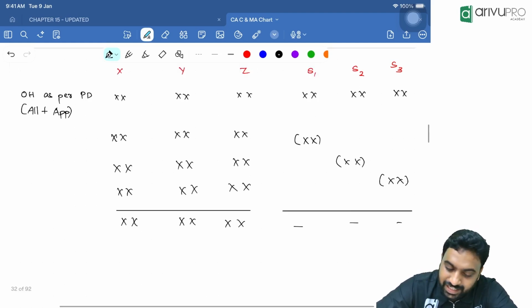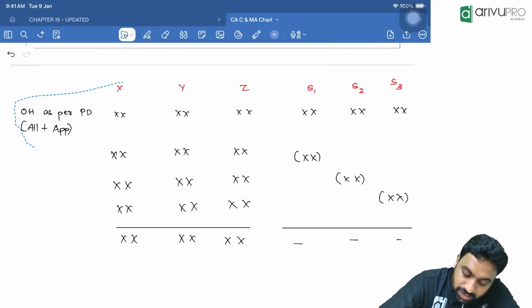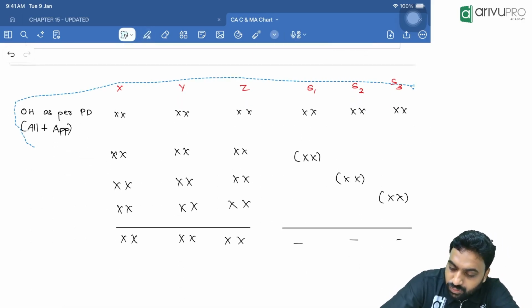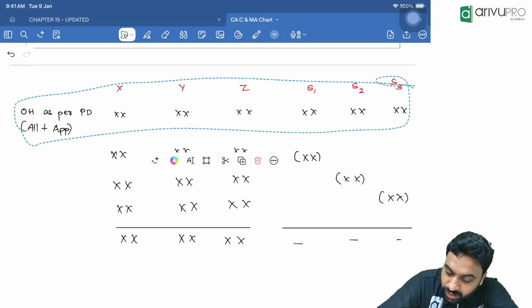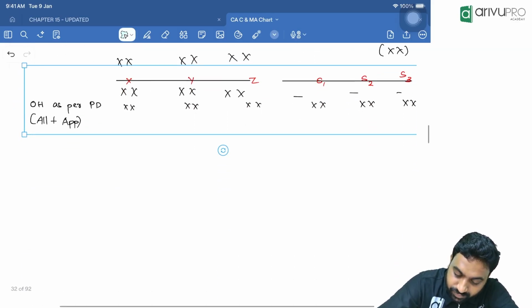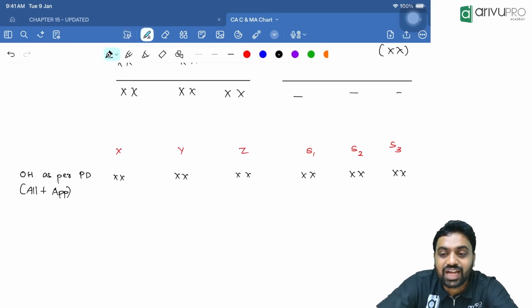Direct redistribution. However, sometimes there will be one-sided love. What is that one-sided love? One service department provides service to another service department, but the other service department won't reciprocate it.